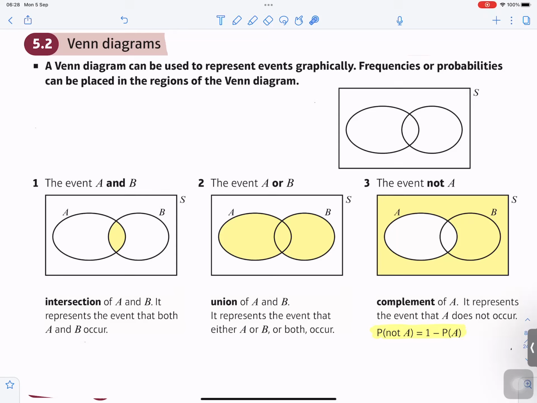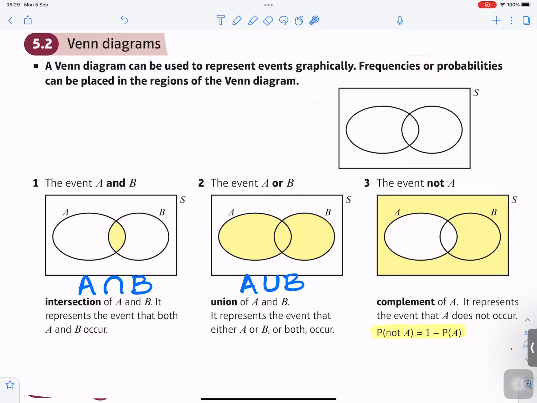And for the events A and B, this event here with the yellow shaded in the middle is the intersection of A and B. And you can write it as A intersection B. It represents events that occur in both A and B, something that happens in both A and also happens in B. The event A or B, which we can write as A union B, that's the symbol.